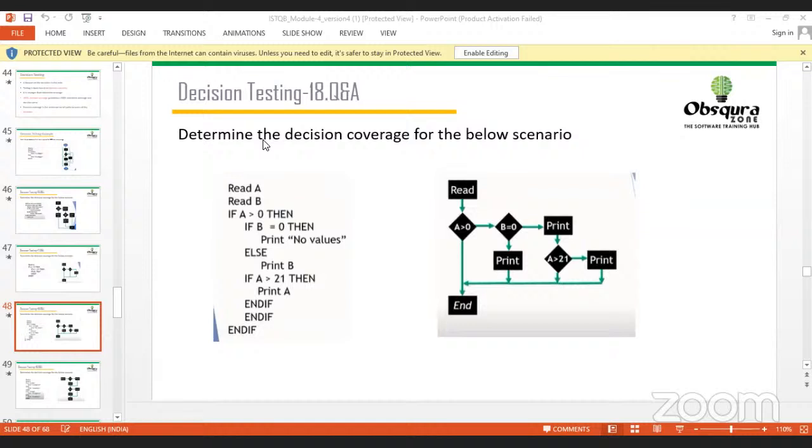Some have given 3, so there is still confusion. Decision coverage means we are thinking about the branches. When you consider this path, others are not considered. We can consider this entire path, 1. So some branches were excluded, right? So we have to consider this 2 and 3 and 4. So 4 paths are required.